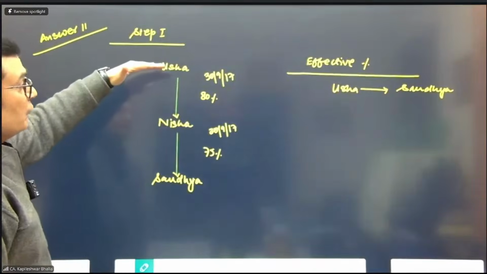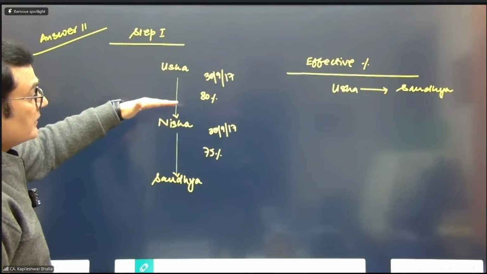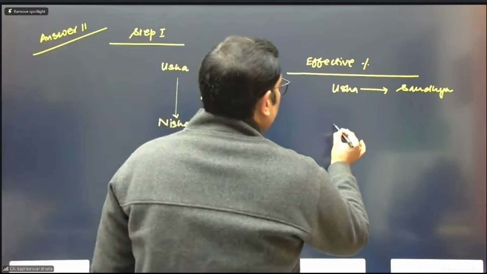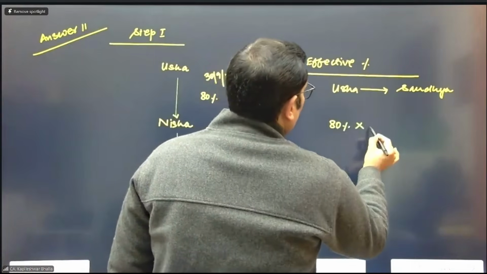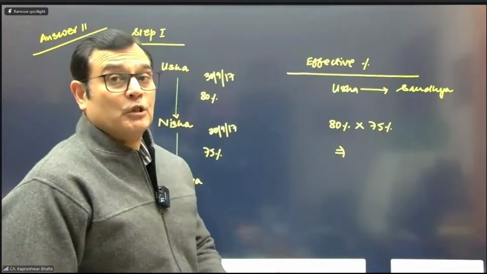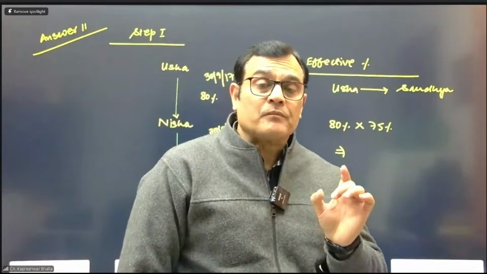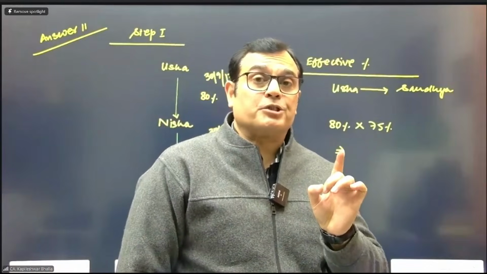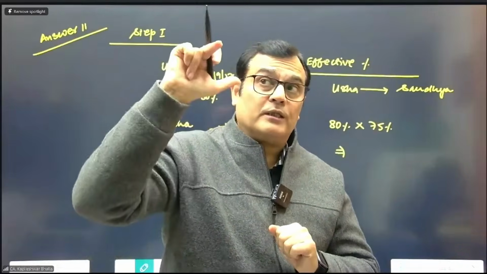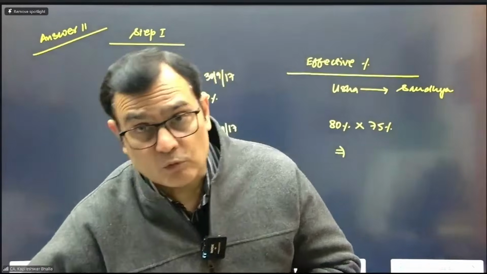Now, if Usha has got 80% in Nisha and then it is 75%, can I say he's got 80% of 75%? So what is the effective percentage Usha has got in Sandhya? So in step one, when there is a chain holding, you need to see the effective percentage of the top company in the bottommost company.